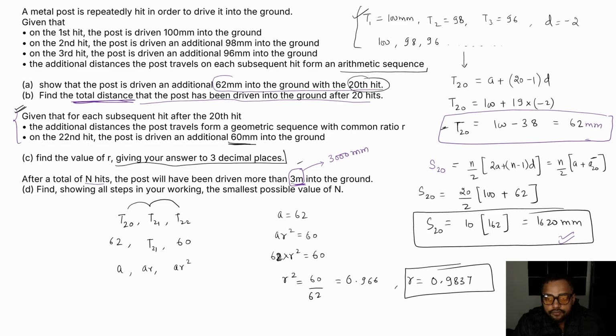Out of 3000 millimeters, students, we have already calculated the distance of the post in the first 20 hits, that is 1620. So what will be the remaining distance?